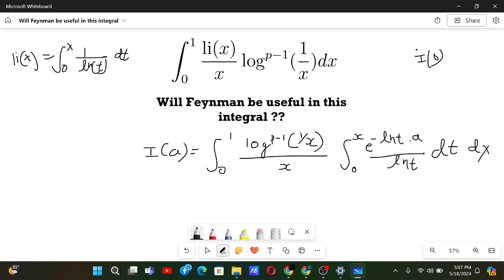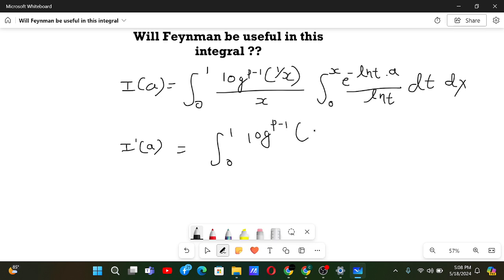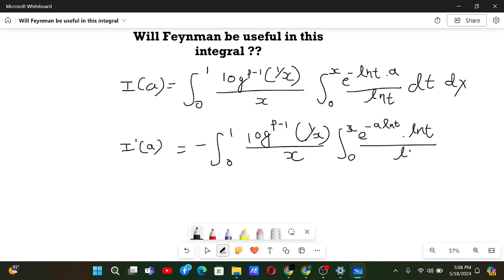Now this new integral will be easier to solve, because if we use Feynman's technique, this will simplify. I dash of a will be the integral from 0 to 1 of log to the power p minus 1 of 1 by x, and then the integral from 0 to x of e to the power minus a ln t times minus ln t by ln t, dt dx.